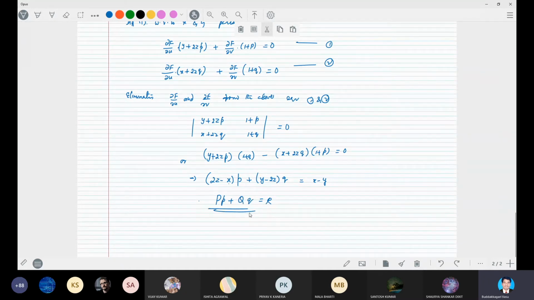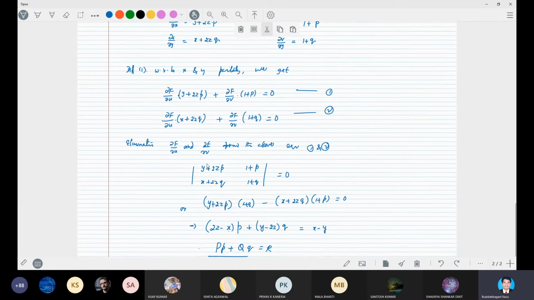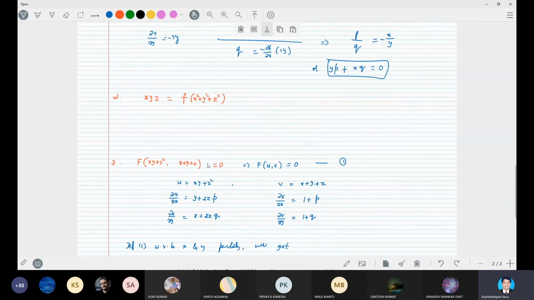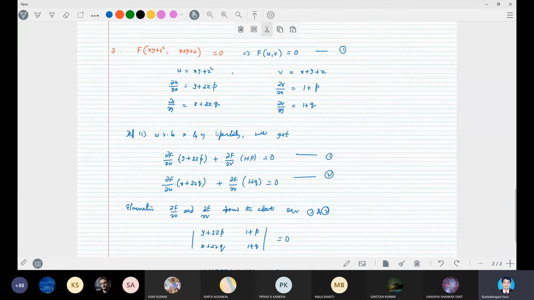Okay, so likewise we can obtain the partial differential equations by eliminating the arbitrary constants, arbitrary functions. Maybe that function may be in single form, or the single valued different functions also can appear in the equation. They can be eliminated very easily. This is the way.